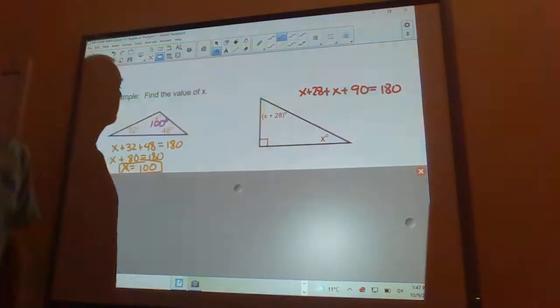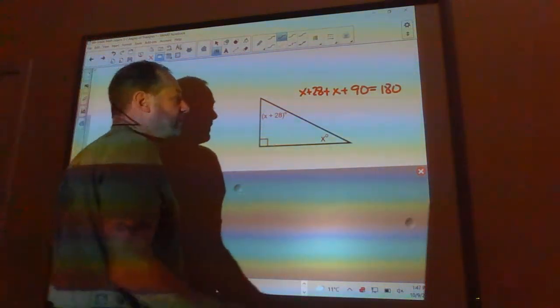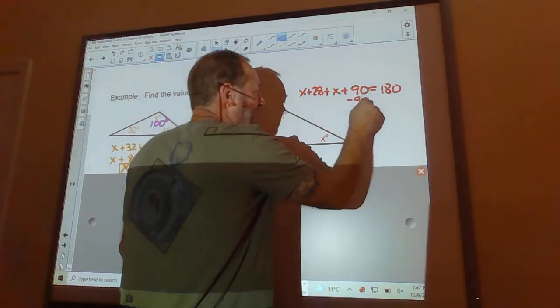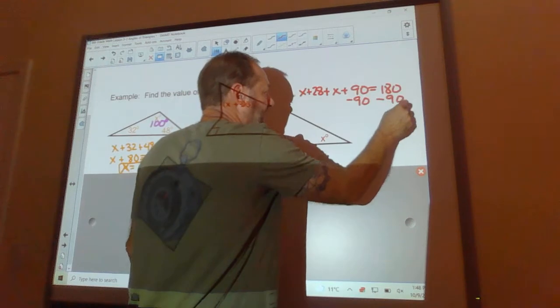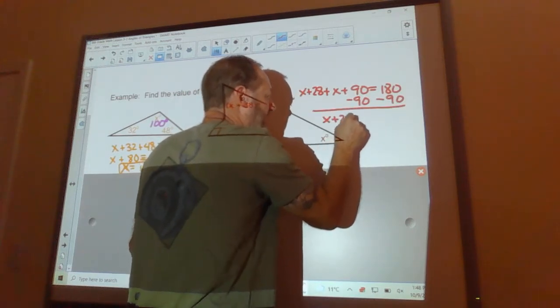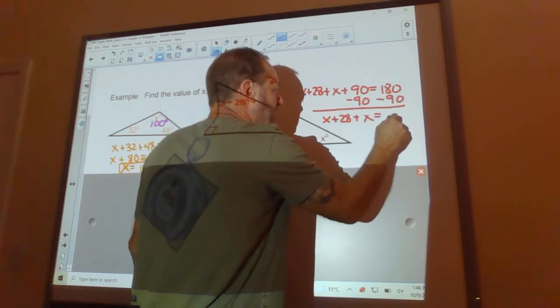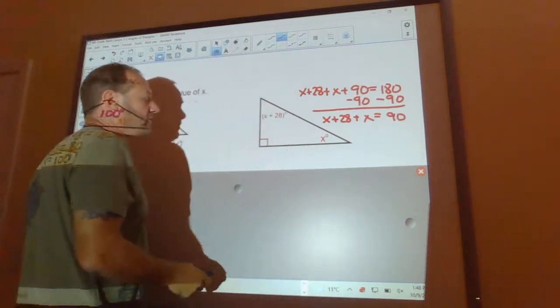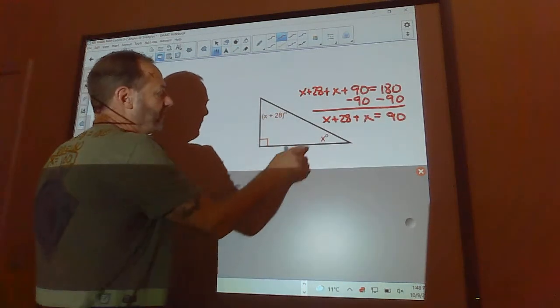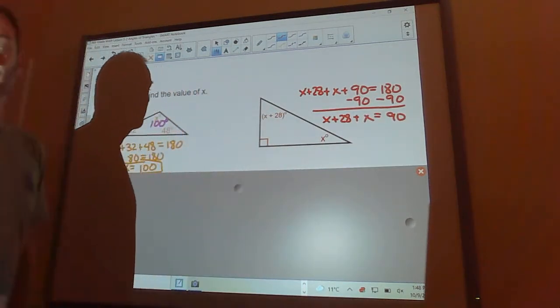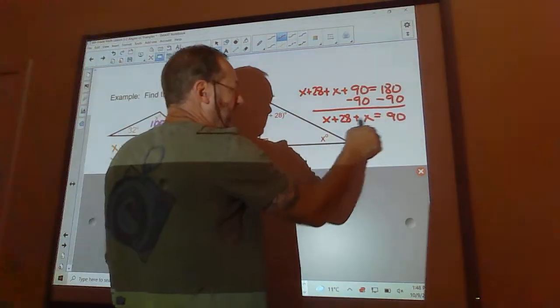Now you can shortcut this a bit because if I subtract 90 from both sides, I get X plus 28 plus X equals 90. Okay, so if you know you got a 90-degree angle in here, these other two angles have to add up to 90. You can just shortcut it and start right here if you want.